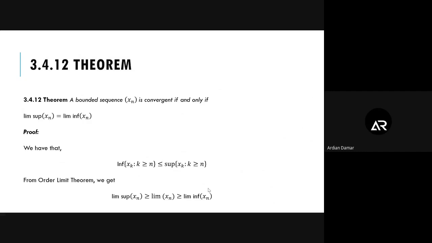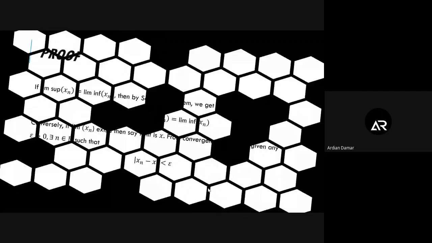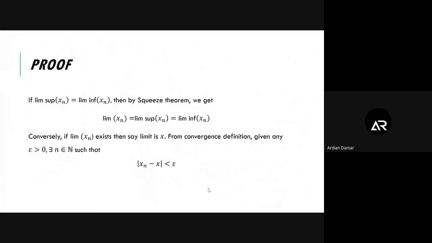From the order limit theorem, we get that limit superior xn is greater than limit xn, which is greater than limit inferior xn. And if limit superior xn is equal to limit inferior xn, then by the squeeze theorem we get limit xn is equal to limit superior xn, which is equal to limit inferior xn.